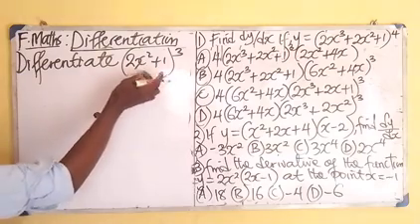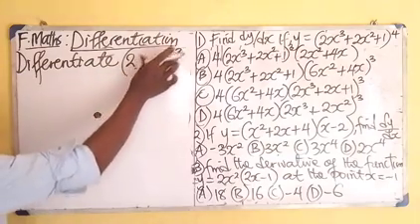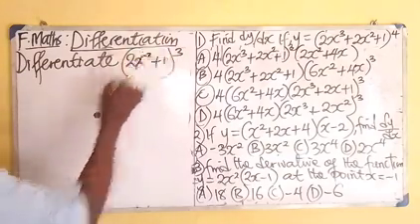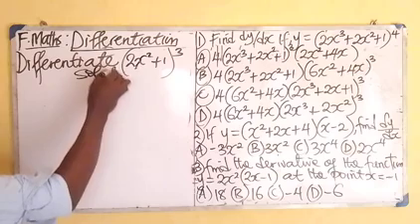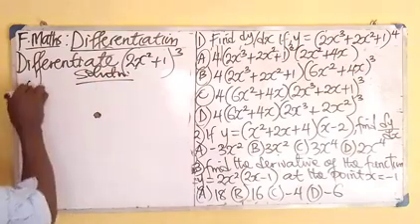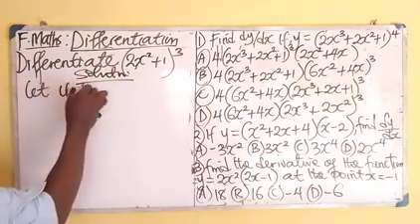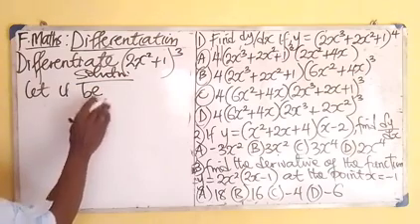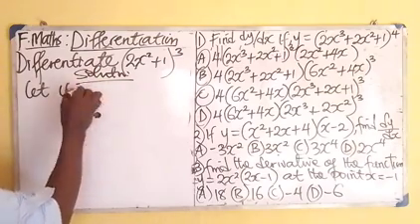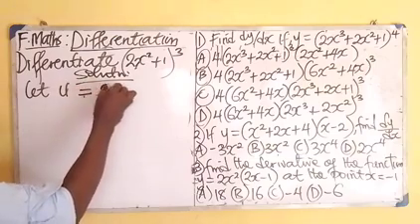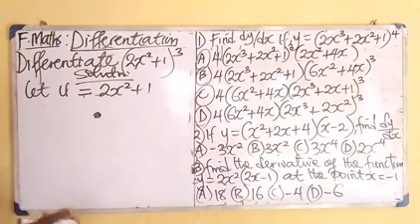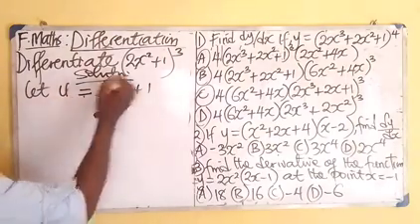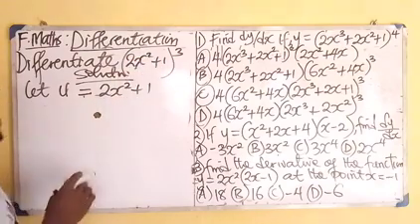Since I'm having 2x squared plus 1, the first thing you do after writing out the question is say let u be equal to 2x squared plus 1. Listen and watch me. I'm using u to represent everything inside the brackets.